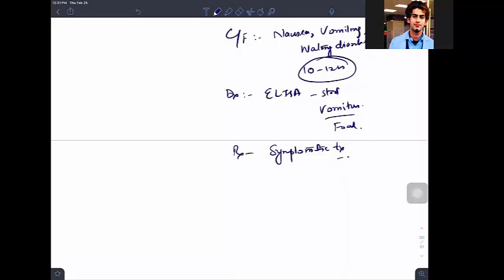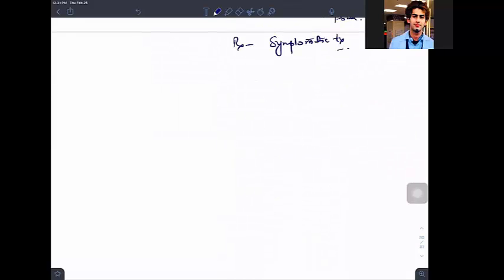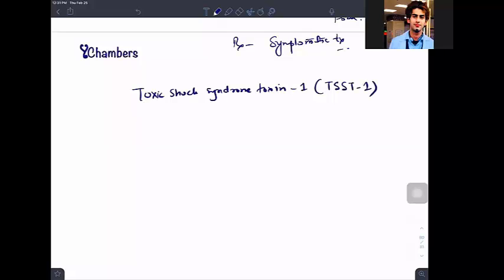Okay. One syndrome is seen in Staph aureus infection. It has a toxin, that is toxic shock syndrome toxin 1, known as TSST1.